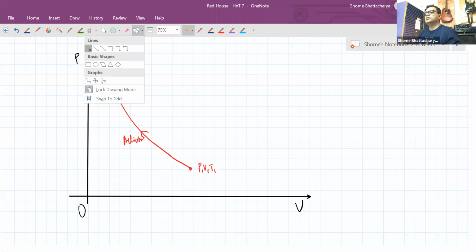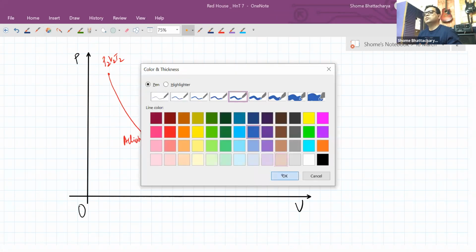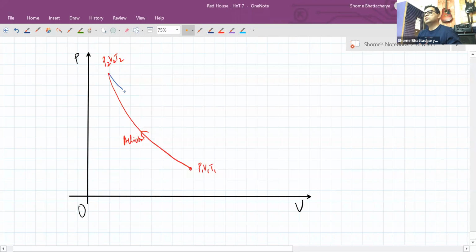So from here, if we are going along an isotherm, we have to go like this somewhere, let's say. But the moment on that isotherm you reach a position where you're back to the original volume, that is this volume of 4 liters, you know that you have to stop there.